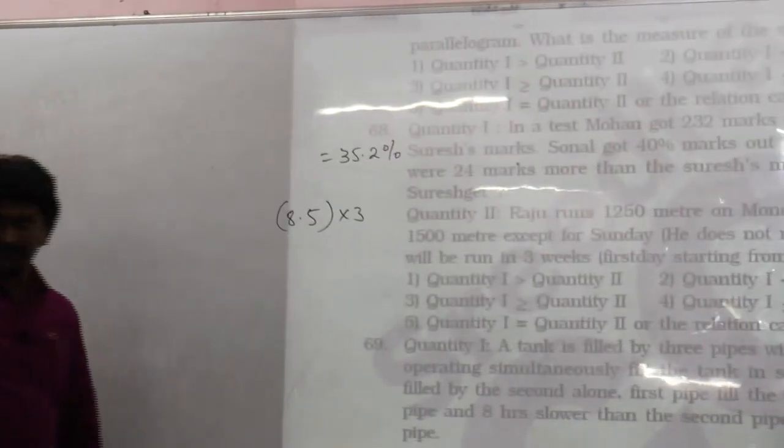One week is 7 days. Take away 1 day, 4 days and 2 days. 4 days means 6 kilometers, and then 2.5, 8.5. 8.5 into 3, definitely less than this number.